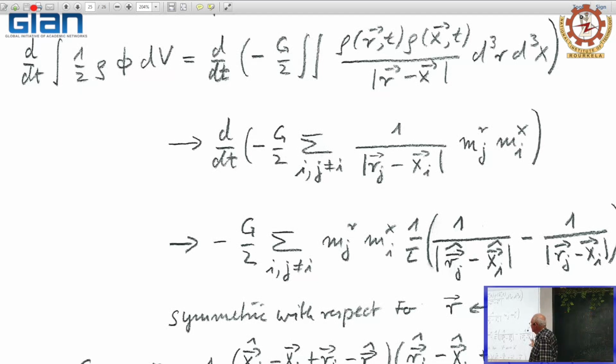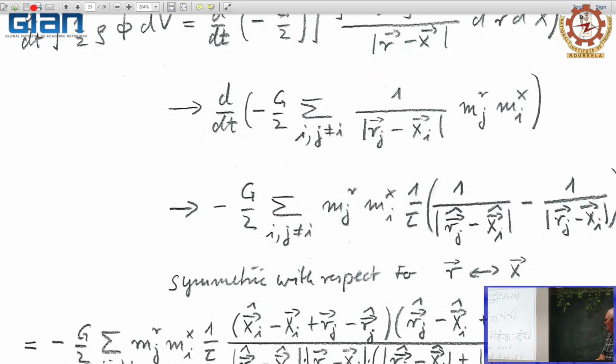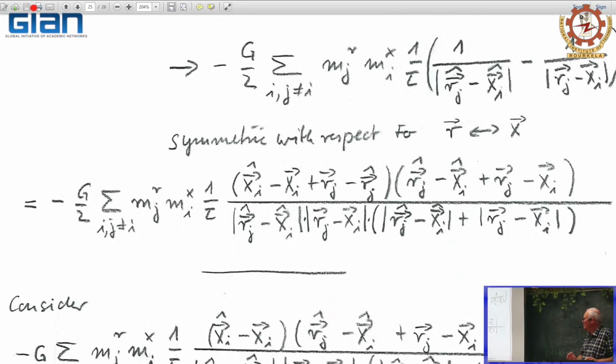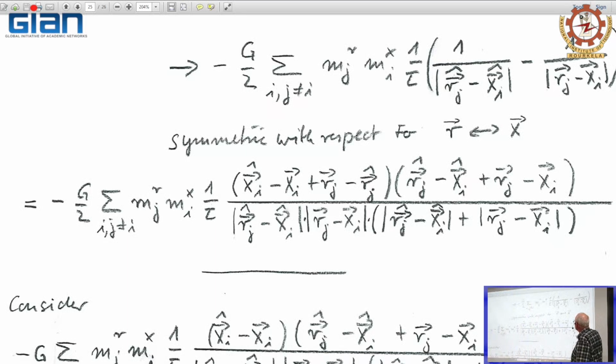So this quantity is symmetric with respect to an interchange of r and x. Now we can rewrite this term. You can convince yourself that this bracketed quantity is equal to this rather lengthy expression here.